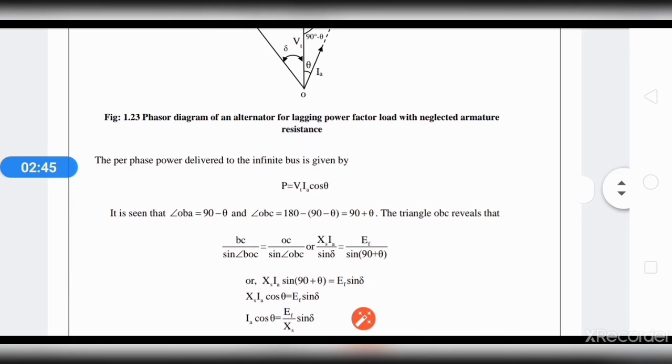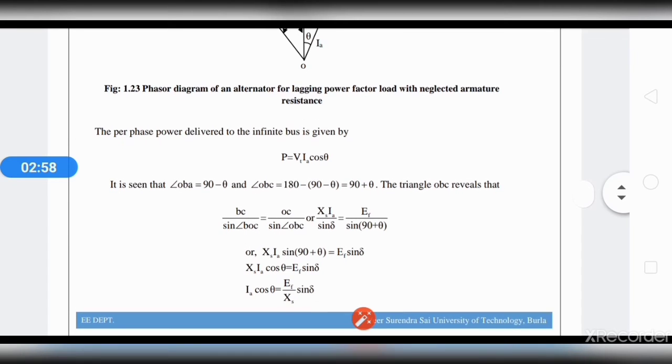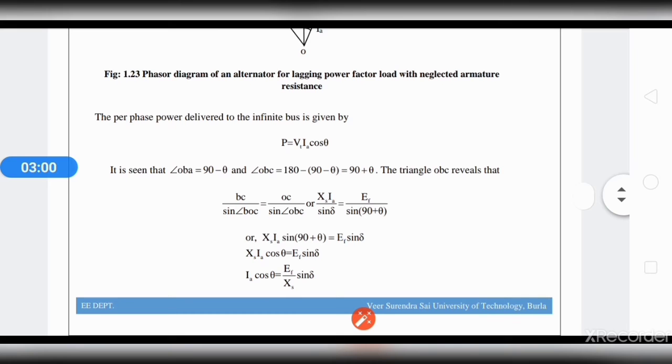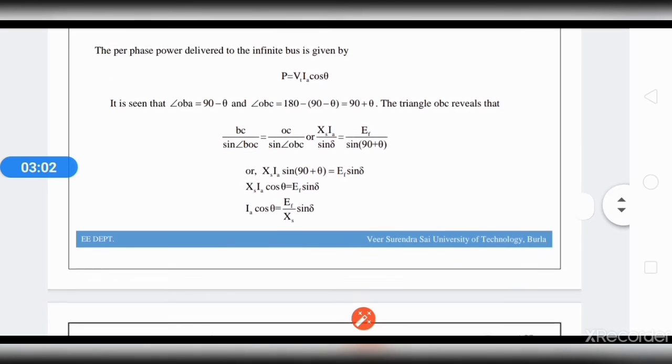So the resultant equation now becomes Ia XS sine(90 plus theta) is equal to EF sine del, and here we can find out that Ia cos theta is equal to EF upon XS sine del.